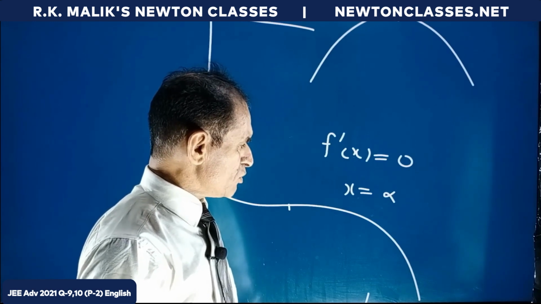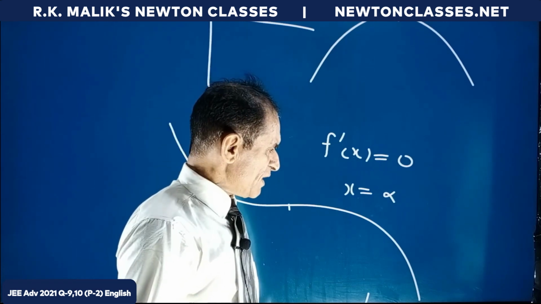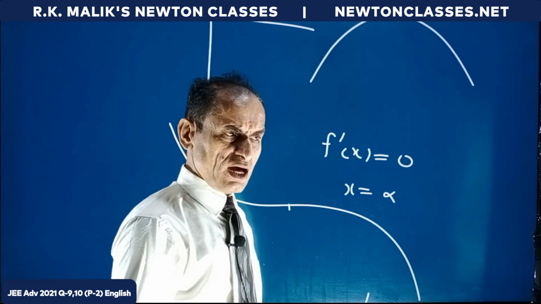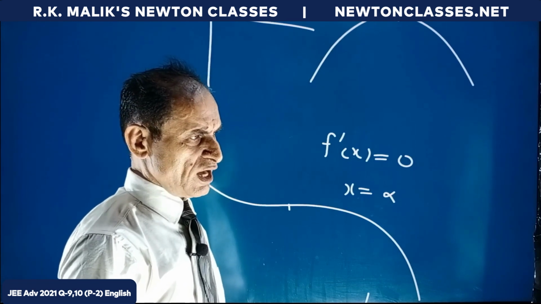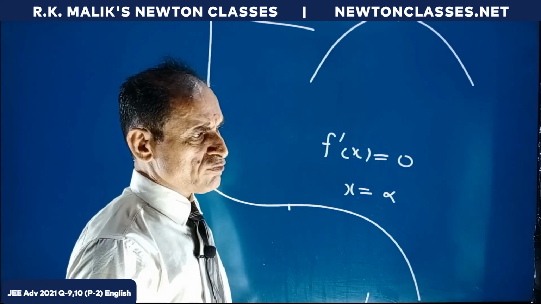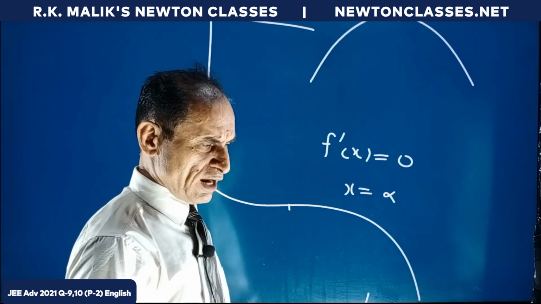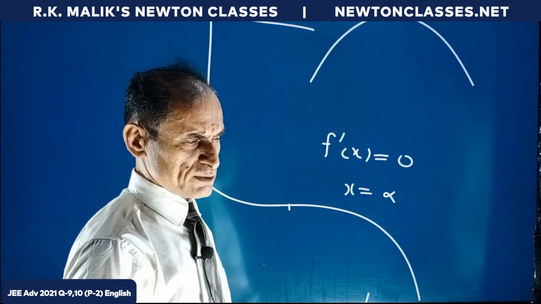And the second thing to be noted is that for all continuous functions, maxima and minima always come alternately. That is, after local maxima there will surely be a point of local minima, and after local minima there will surely be a point of local maxima.